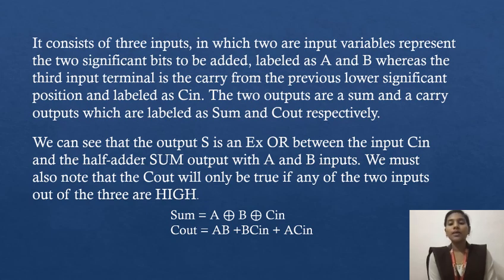So the equation goes like sum is equal to A XOR B XOR Cin. Cout gives AB, which has AND gate, plus B into Cin AND gate. In between these two OR gate comes, and A into Cin AND gate.